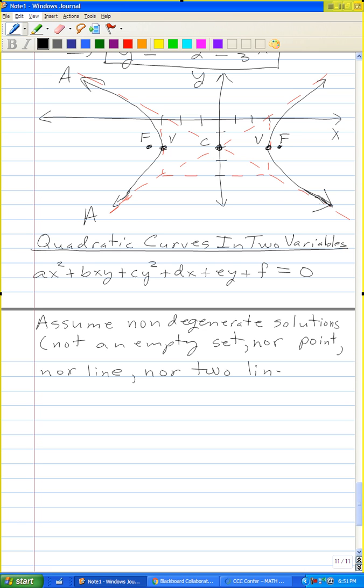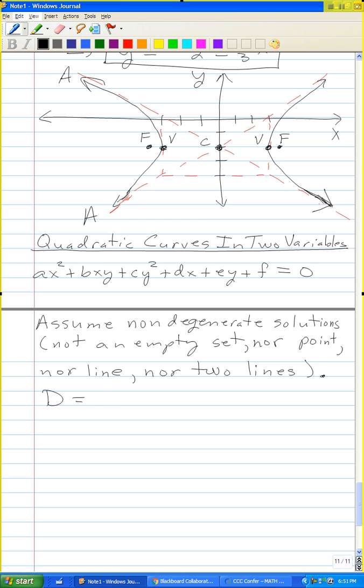So there are cases where we could get an empty set as a solution to this equation, or a point, or a line, or two lines as solutions, but I don't want those.